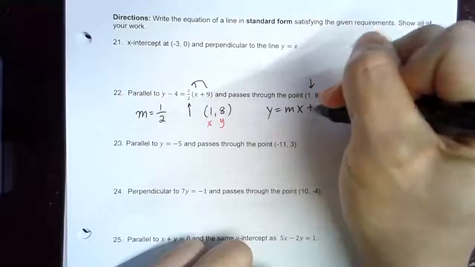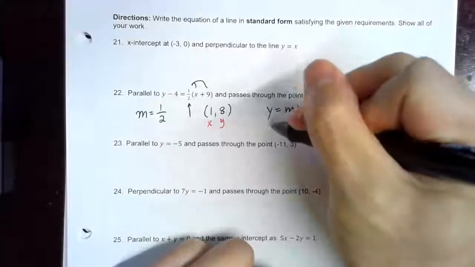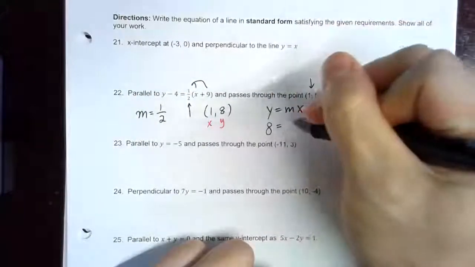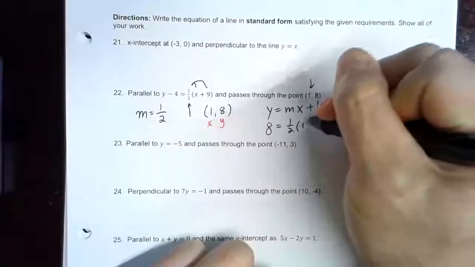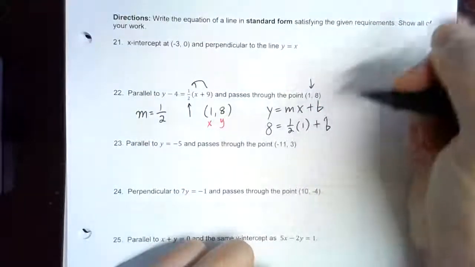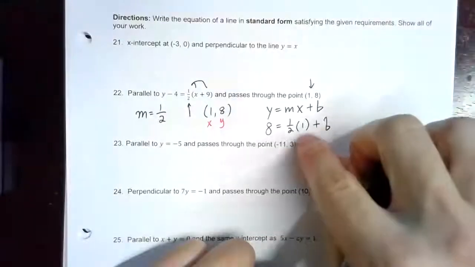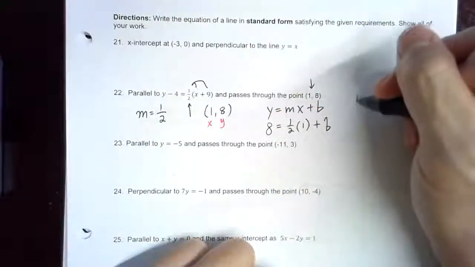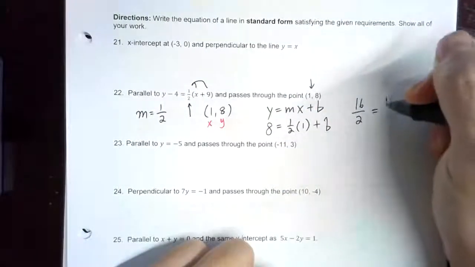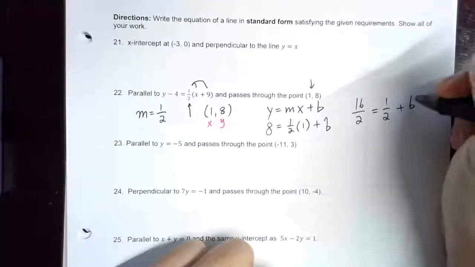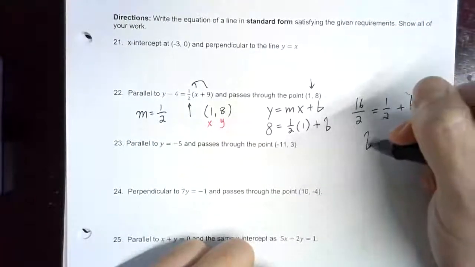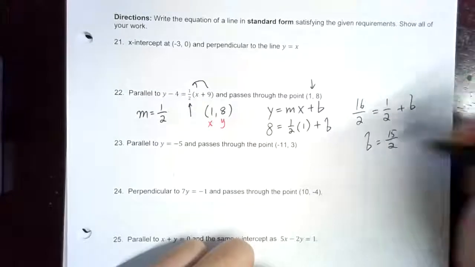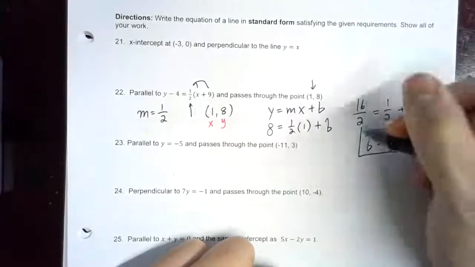Again, we plug into y equals mx plus b, and we get 8 is equal to 1/2 times 1 plus b. Because this is a half, I'm going to make the 8 into 16 halves, which equals 1/2 plus b. You can see that b is going to equal 15 halves.